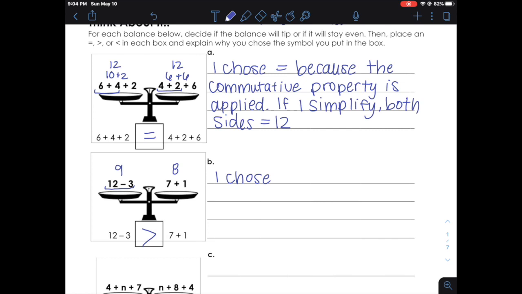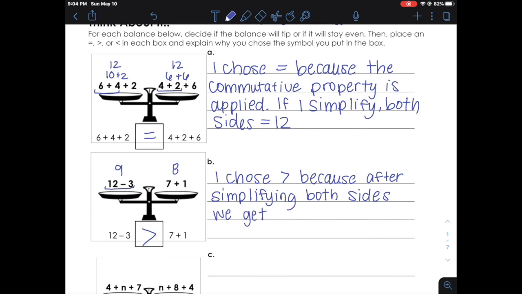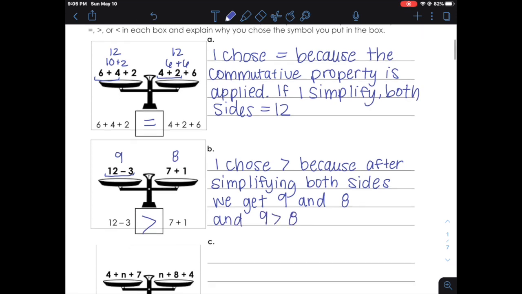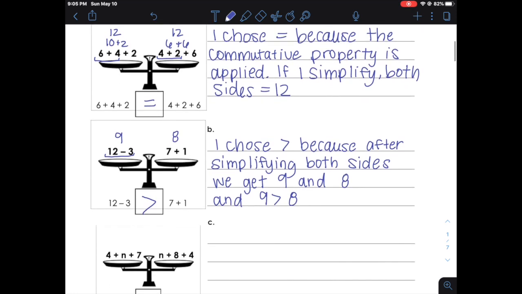So we chose greater than, because after simplifying both sides, we get 9 and 8. And 9 is greater than 8.